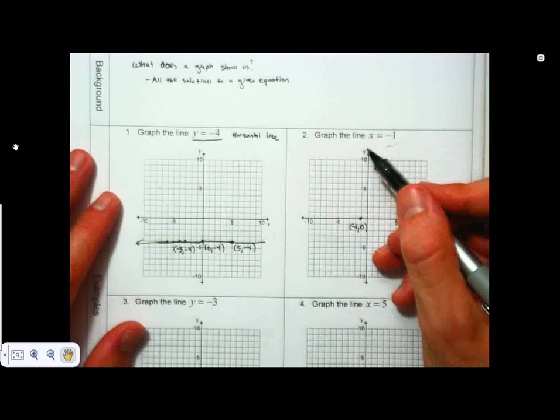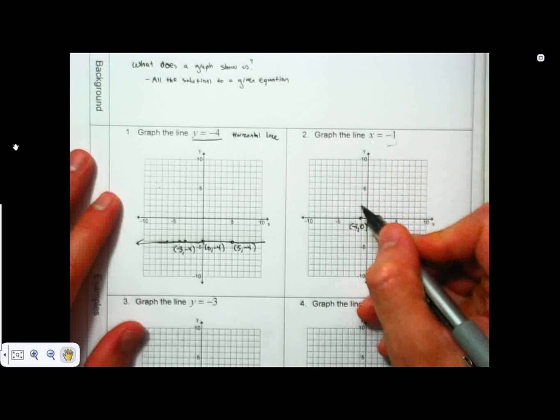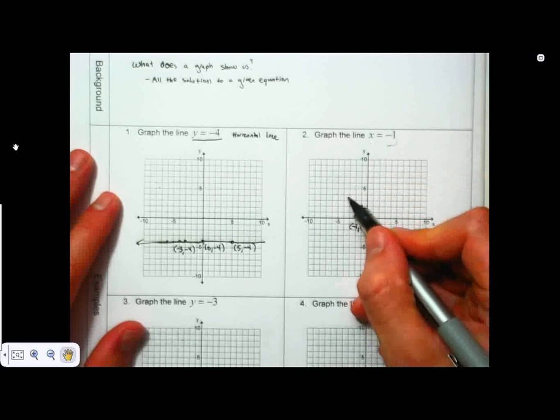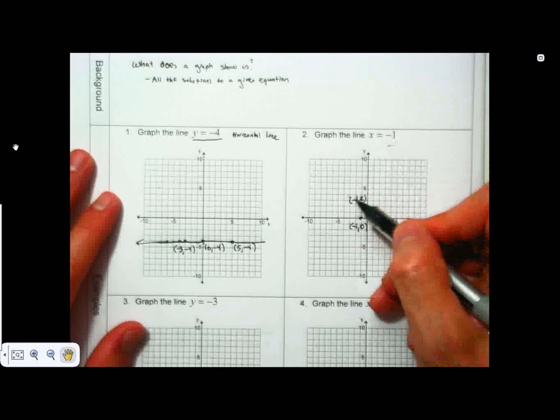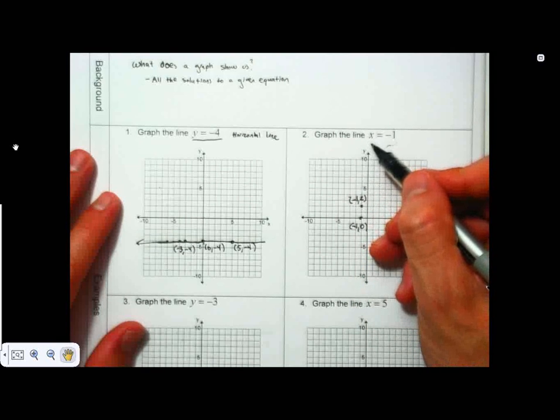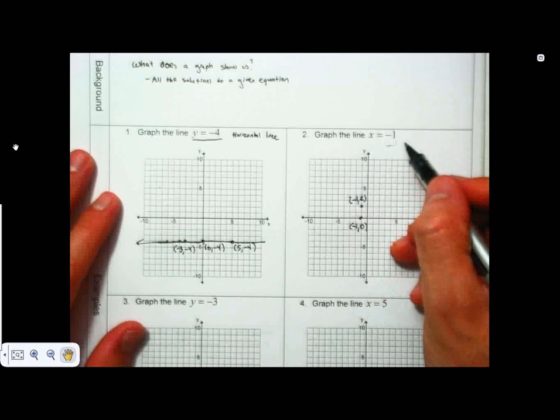But that's not the only point where the x coordinate is -1. For example, if I choose this point up here, the coordinates of that point are (-1, 2). Again, the only thing that matters is the x coordinate, because this equation has no y's.